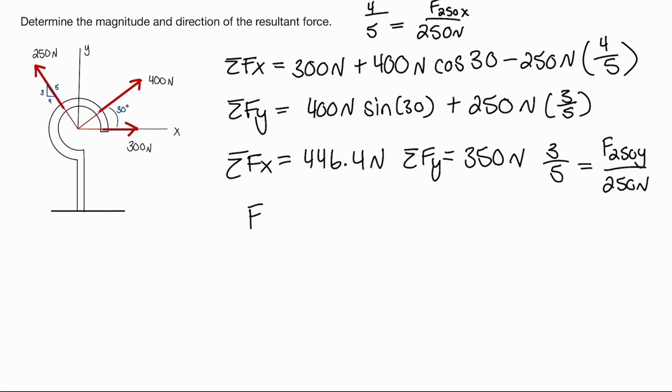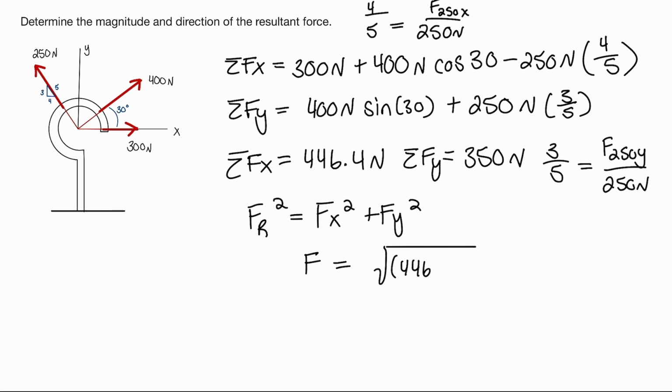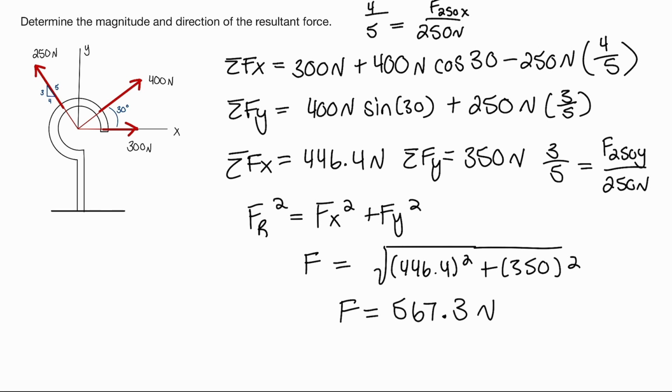So we could do F resultant squared equals Fx squared plus Fy squared. So then we get F equals the square root of 446.4 squared plus 350 squared. So then when you plug this in your calculator, you'll get 567.3 newtons.